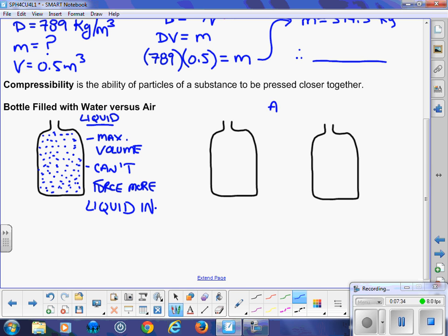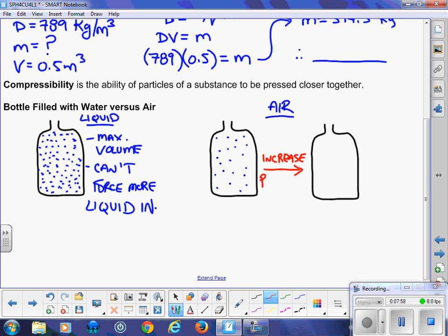Now, if I talk about some air, for example, if I open the cap, this bottle would naturally fill with air. Okay, can I put more air in the bottle? In order to do that, I would have to increase the pressure, or put it under pressure.